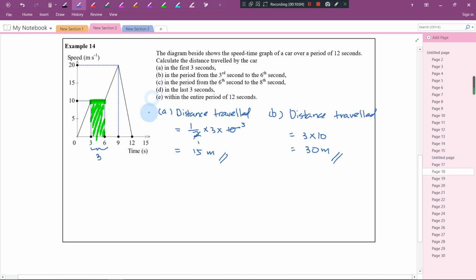Okay, then we go to C. The distance traveled in the period from 6 seconds to 8 seconds. Okay, 6 to 8. Here I have a typing error. It should become 9, 6 to 9. So I want to find the area under the graph for this part.